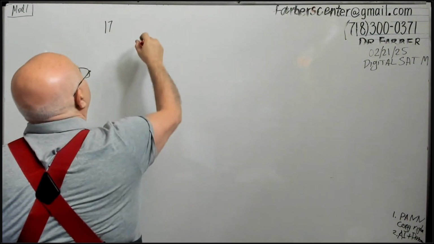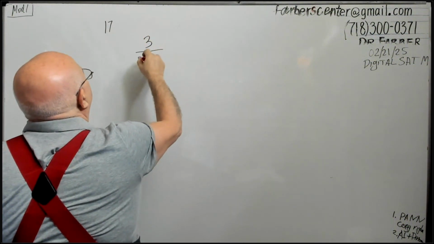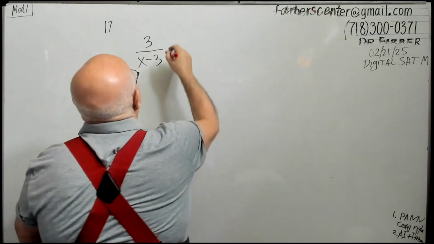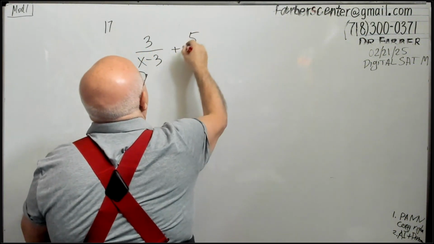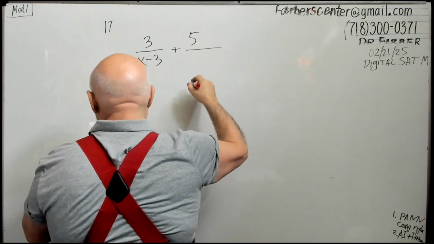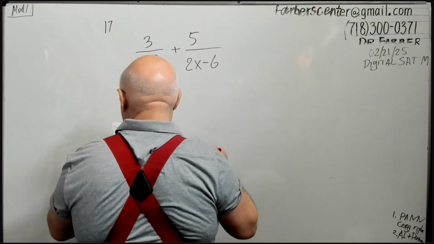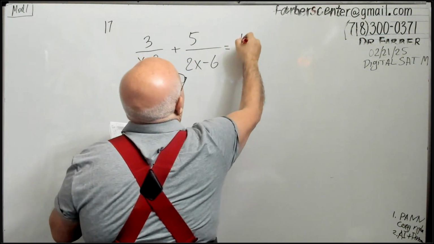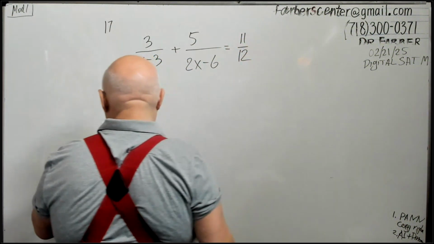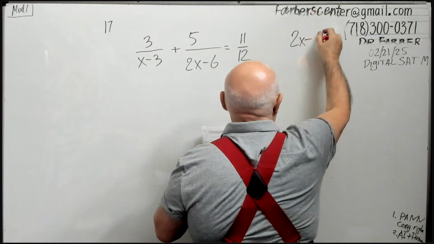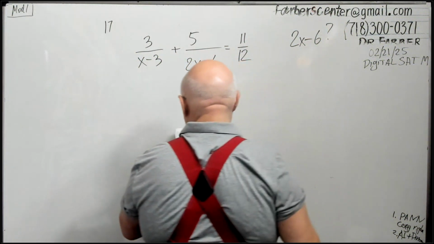What is it? 3 divided by x minus 3 plus 5 over 2x minus 6 equals 11 over 12. And the goal is 2x minus 6. Okay.